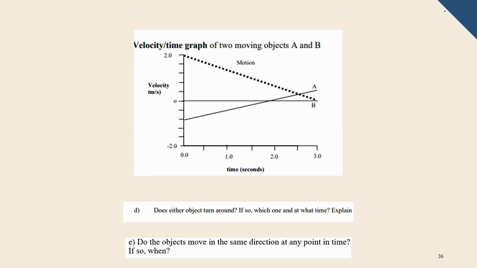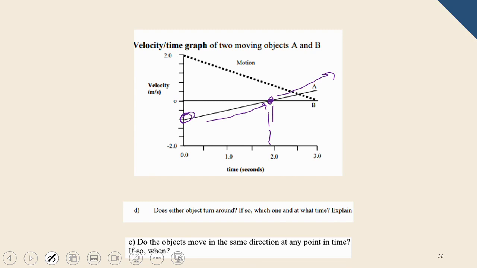So if we look at this graph, there's only one place where a line hits momentary rest, or 0 meters per second, and that's line A. It starts with some negative velocity, then slows down and hits 0 meters per second just for a moment in time before going positive and speeding up again. So object A does turn around, and it turns around precisely at about maybe 1.9 seconds, or around 2 seconds.